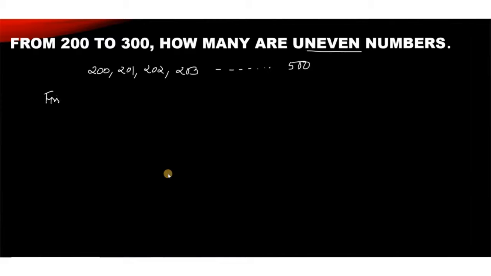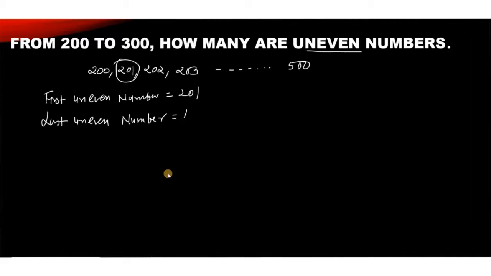So what is the first uneven number? First uneven number is 201. What is the last uneven number? The last uneven number will be 499.